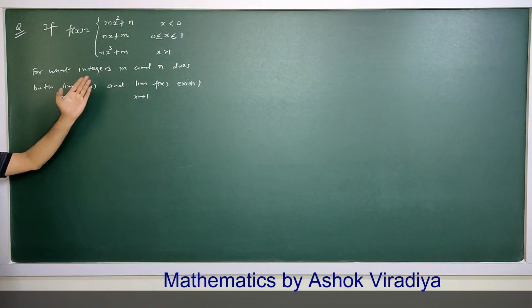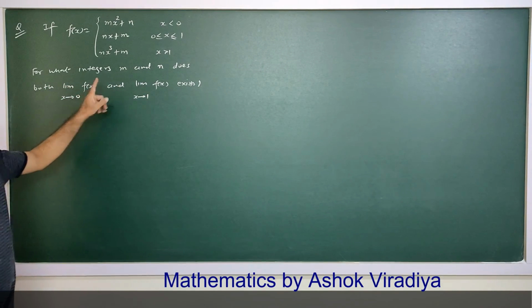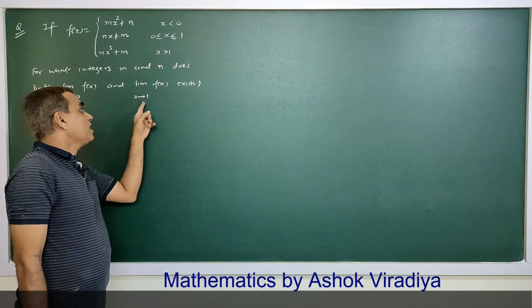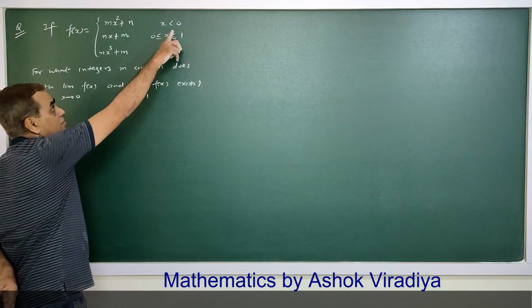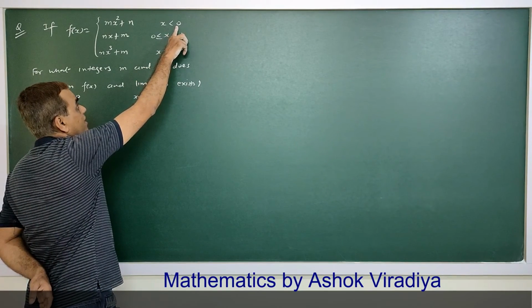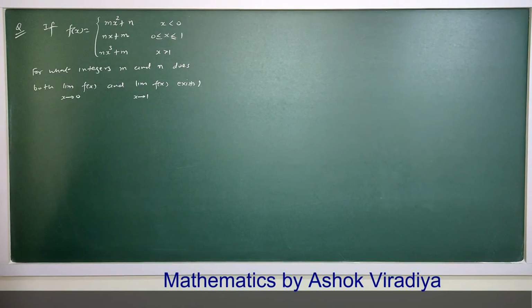For what integers m and n does both the limit of f(x) at 0 and at 1 exist? Say here, the function is changing formula at 0 as well as at 1. There are two numbers at which the function is changing formula.